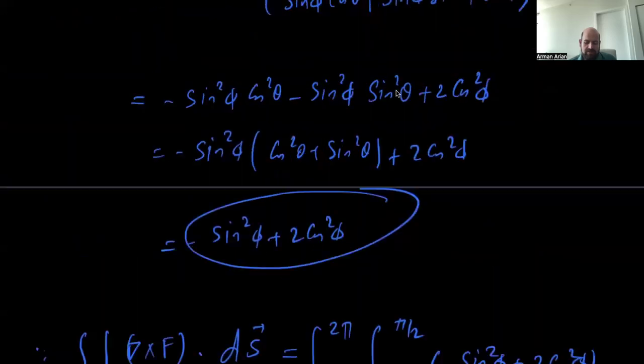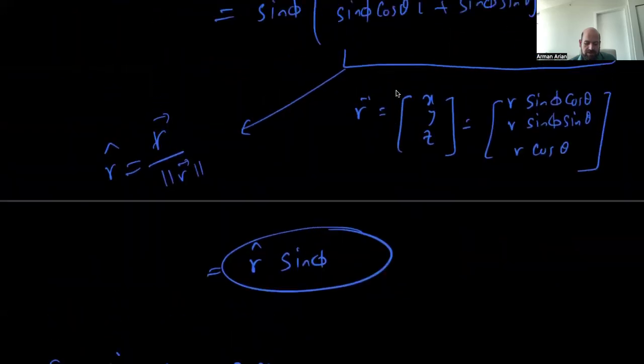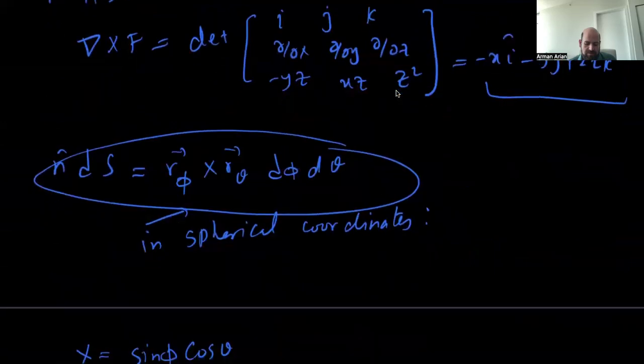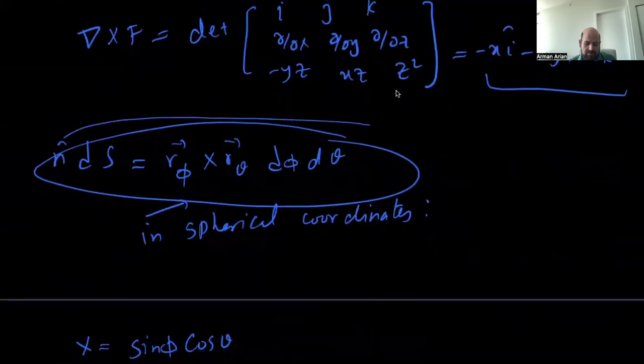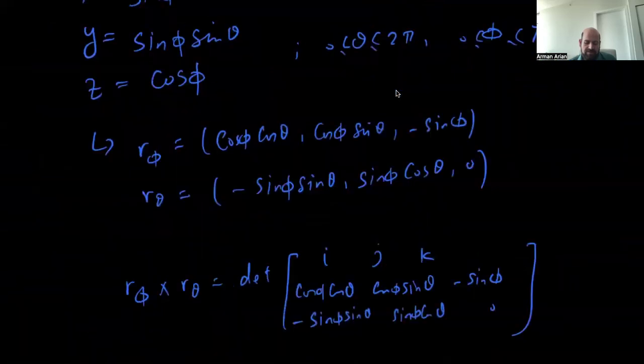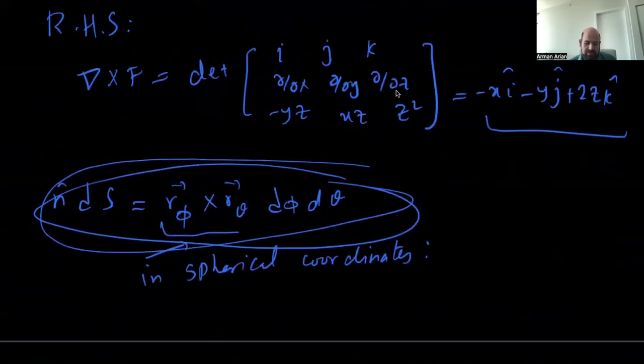And then there was extra sine phi, remember? n hat dS we calculated earlier. This one we calculated, it was r hat sine phi d phi d theta, because this part was same as r hat sine phi.